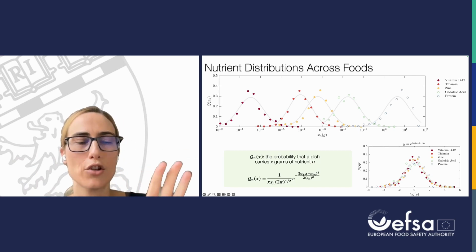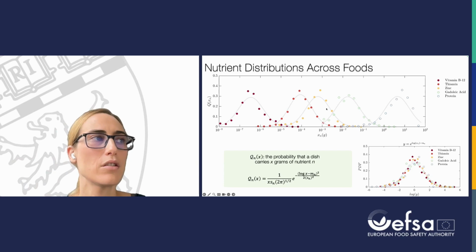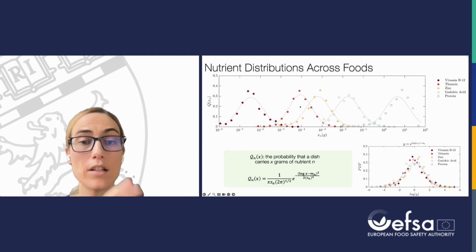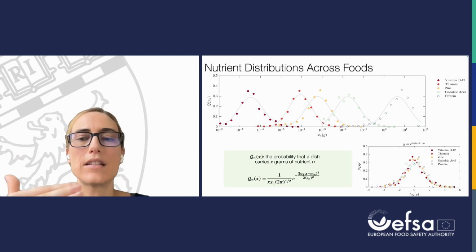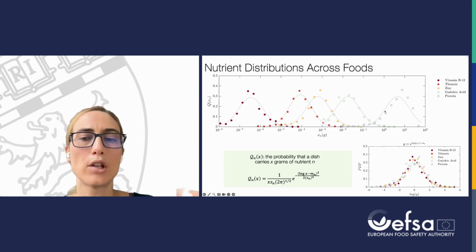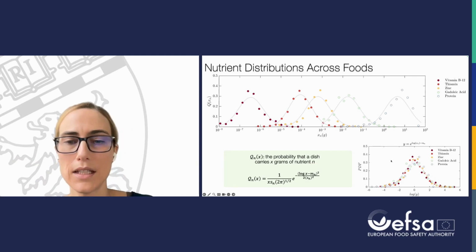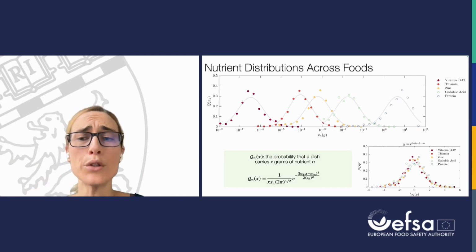So long story very short, there's a lot of math here. Each nutrient seems to be characterized by a similar functional form in the log space, only translated at different average levels of concentration. So we find that lognormals with similar logarithmic standard deviation seem to best describe the observed distribution, allowing us to do what we do here in this corner: to rescale all nutrients and compare them on a single plot.